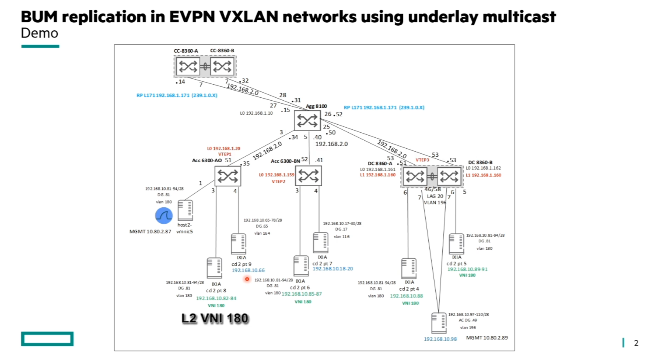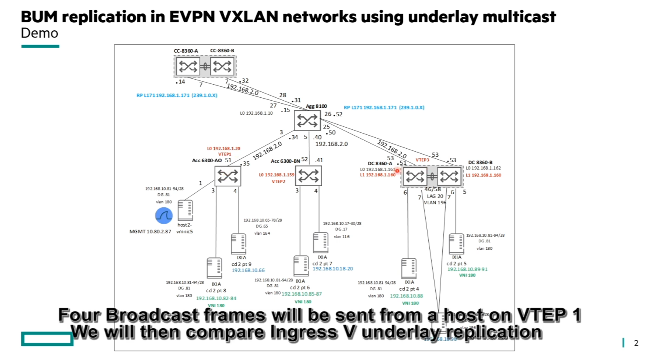Each VTEP has a layer 2 VNI 180, on VTEP 1, VTEP 2 and VTEP 3, and we'll be using VNI 180 throughout this demonstration. VTEP 1 will be the source VTEP in all cases. Four broadcast frames will be sent from a host generator on VTEP 1.